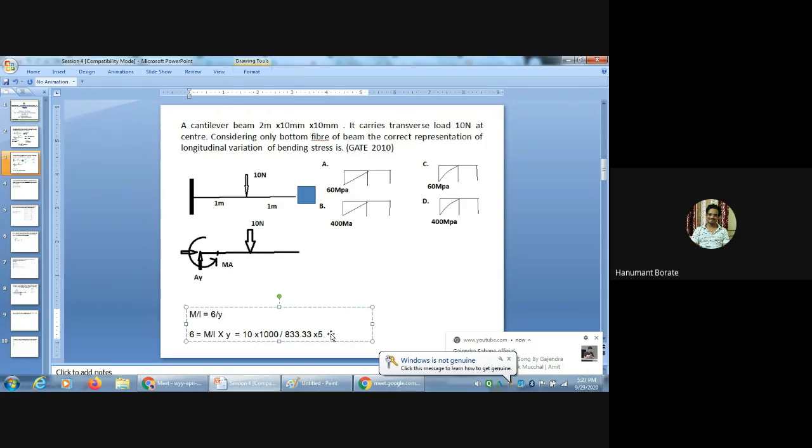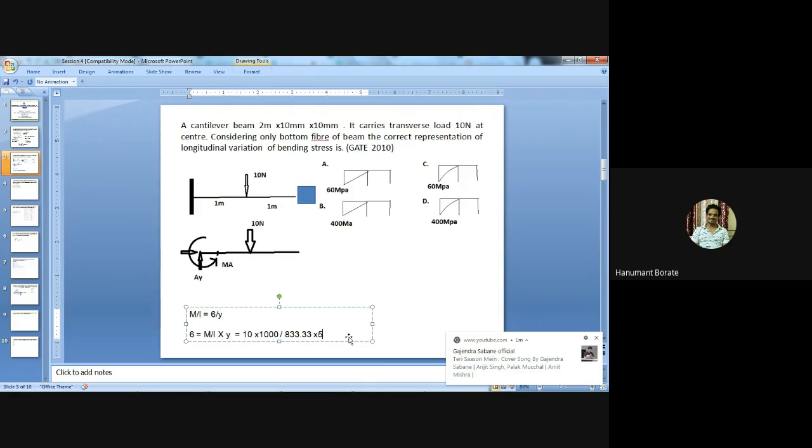Once again we check the value of 10 Newton. Sorry, we need to calculate the bending moment here also.